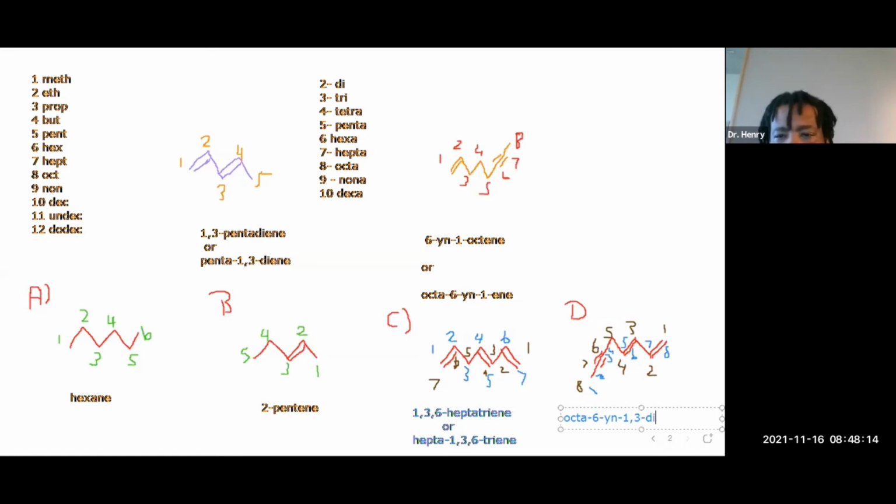That's right, di. E-N-E. Okay? So this is one way of naming it. The other way of naming it would be 6-yn-1,3-octadiene. So either way would be okay to name it.